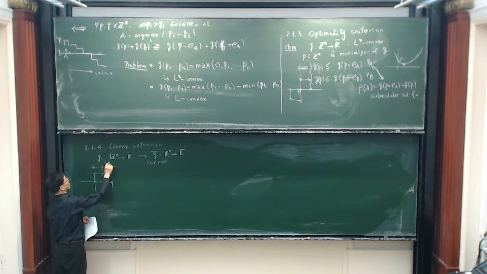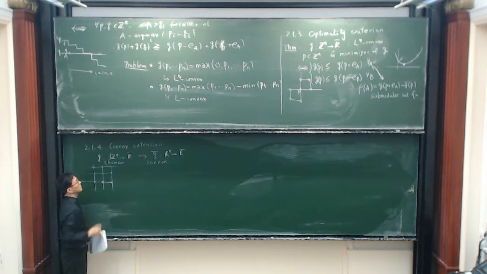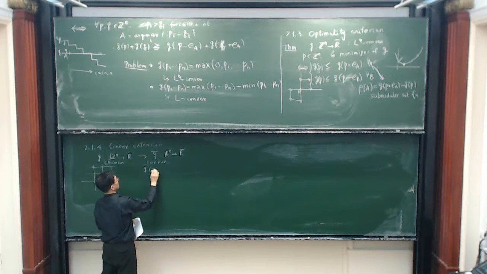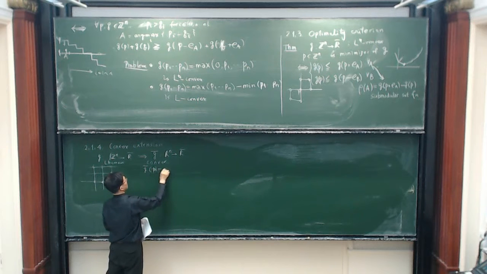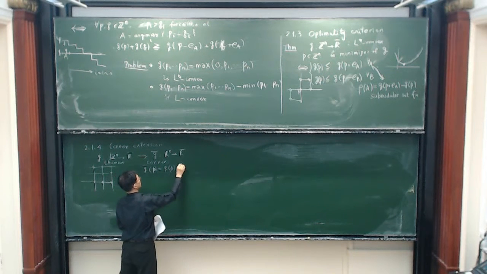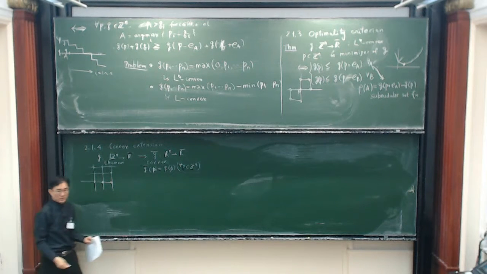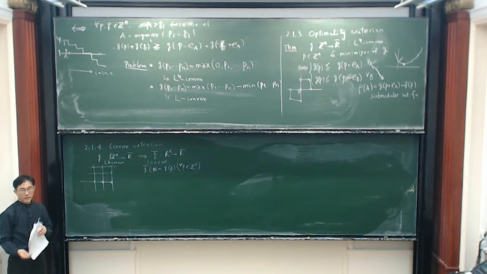This is L-natural convex, or L-convex, say. It's easier. Such that this coincides with a given function on integer points. How can we do that?